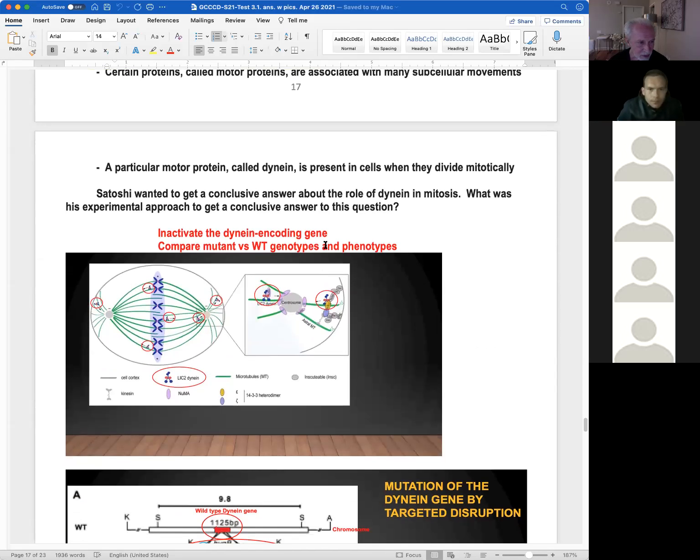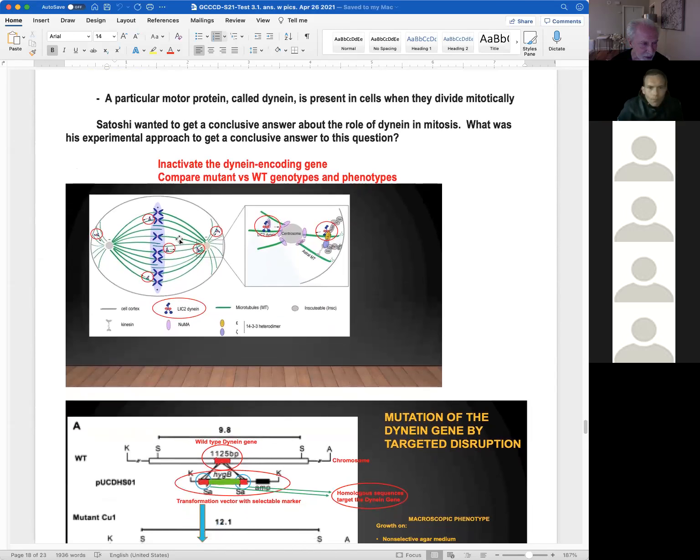So he inactivated the dynein encoding gene, and then he compared the mutant with wild type. So just to remind you, this is metaphase in mitosis, and these are the chromosomes all lined up in the middle of the cell. And these little walking figures represent dynein proteins, motor proteins.